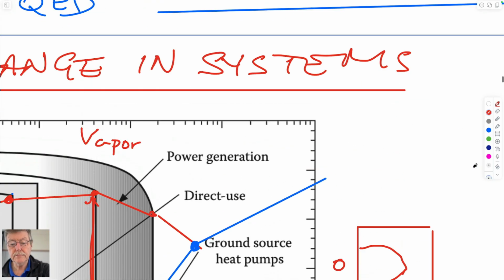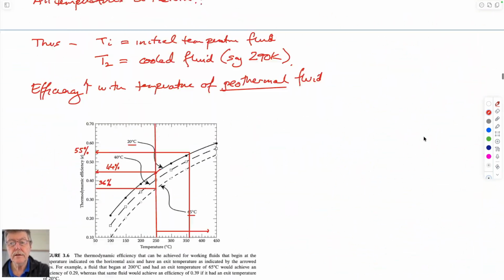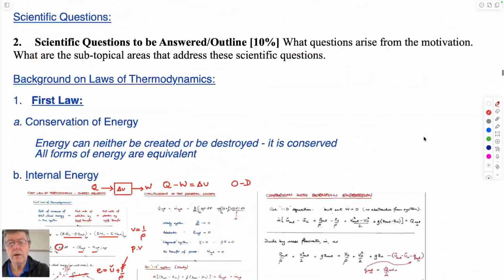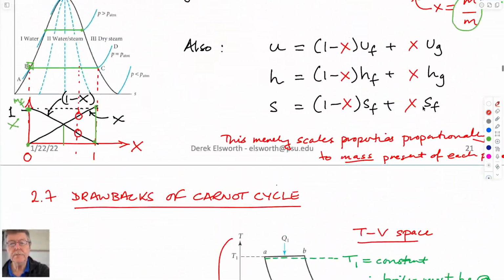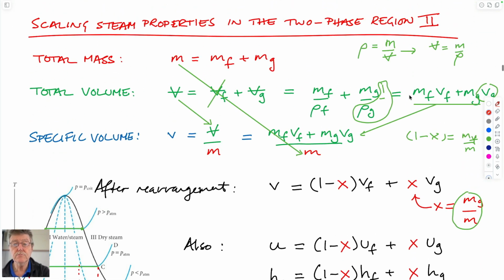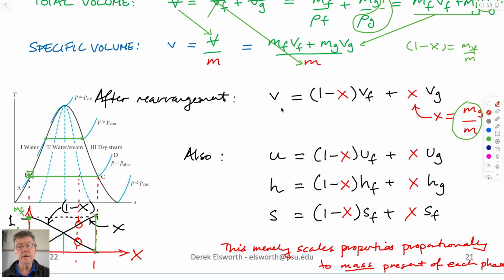I'll just remind you, you don't know if you remember or not, from last time, we merely defined a way to be able to map between systems. Went through this little derivation, and we said that the specific volume was equal to 1 minus the mass of the fluid times the mass of the gas divided by. So we defined it in terms of mass of vapor divided by the total mass for X. We've just done it the opposite way.